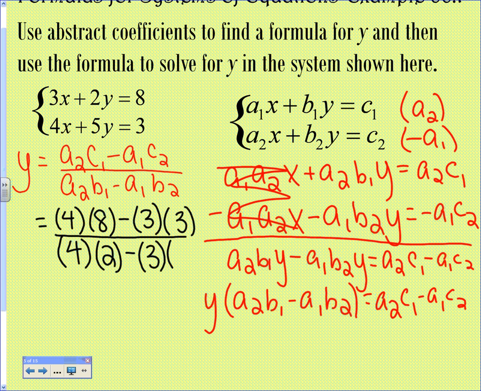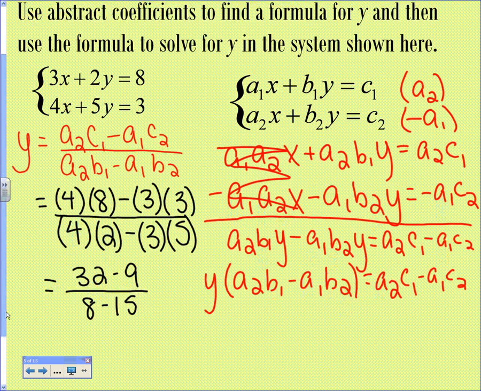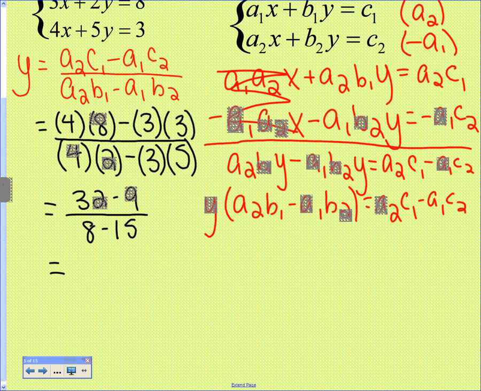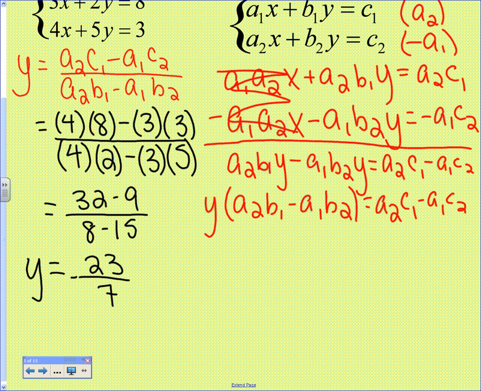And what is my B2? And now we simplify it. 32 minus 9 over 8 minus 15. What is 32 minus 9? 23. What is 8 minus 15? So y equals negative 23 over 7. And that's your answer. That, along with your formula that it said to solve for.